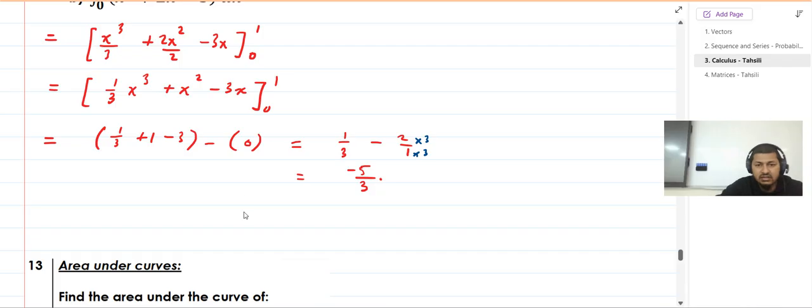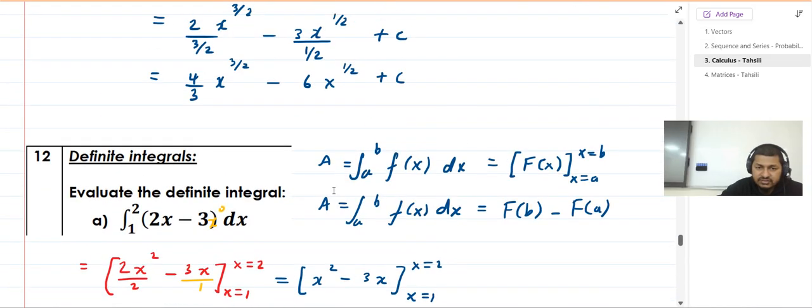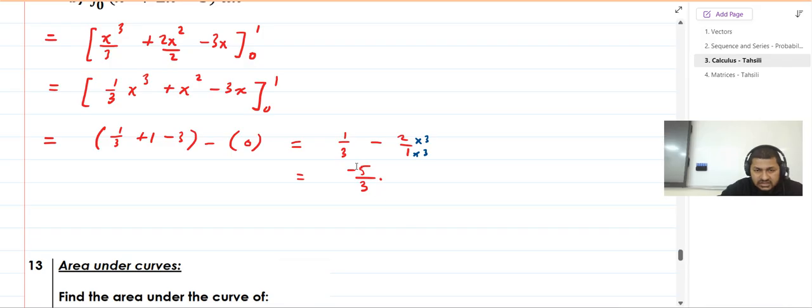Yeah guys, geometrically this here is basically representing area under the curve. Because this is negative, it's representing a net change area.